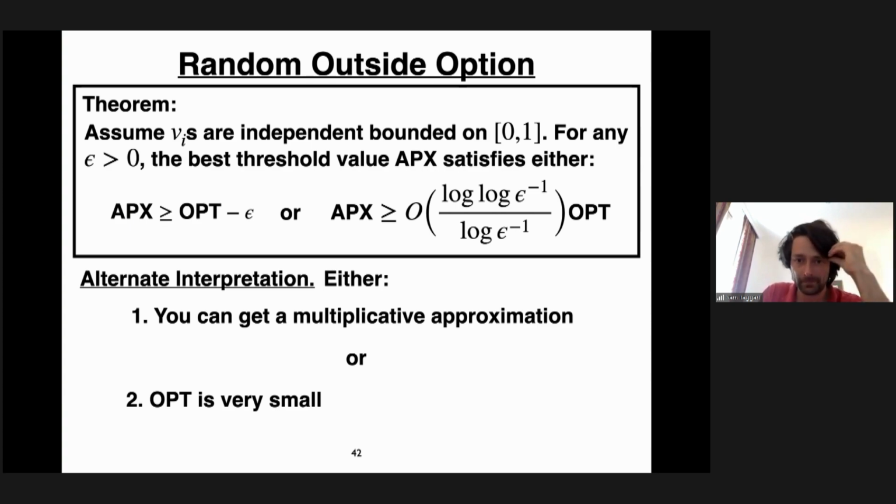Still a question about the approximation. If you tune the epsilon, choose it carefully, can you get only a multiplicative approximation? I don't think you can just get a multiplicative approximation because I can drive opt to 0 and ruin your approximation. I guess if you had values bounded between delta and 1, then maybe. But what happens if I just choose epsilon to be opt over 2?